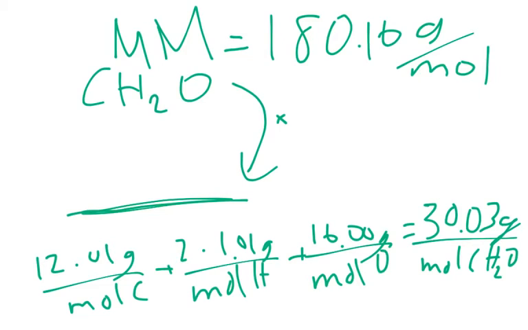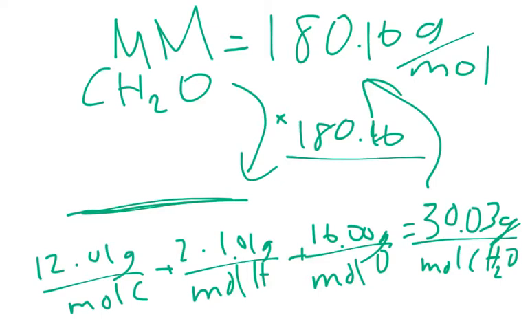So now we just simply have to figure out how many times more is this than this? Or in other words, what do we have to multiply 30.03 by to get this number? Well, we could just divide 180.16 over 30.03 in order to get our scale factor.